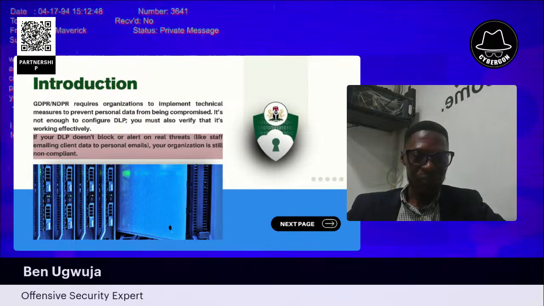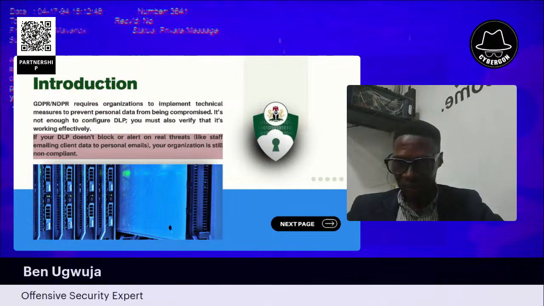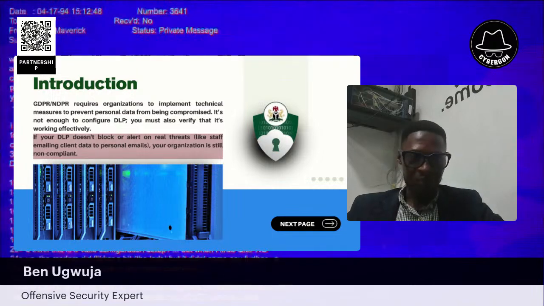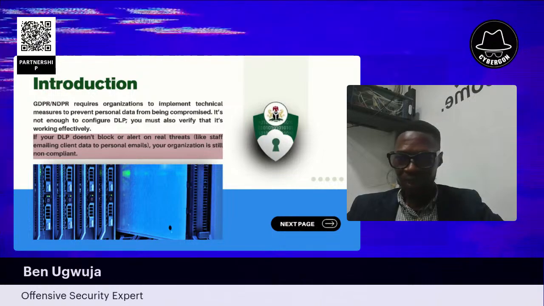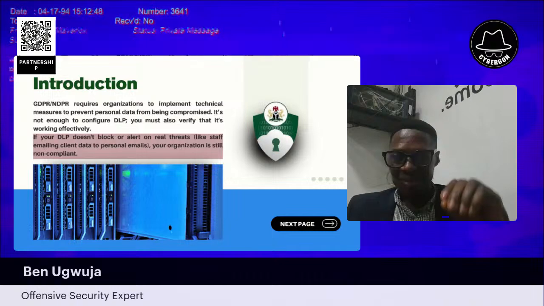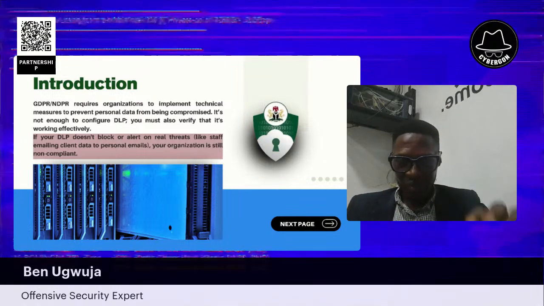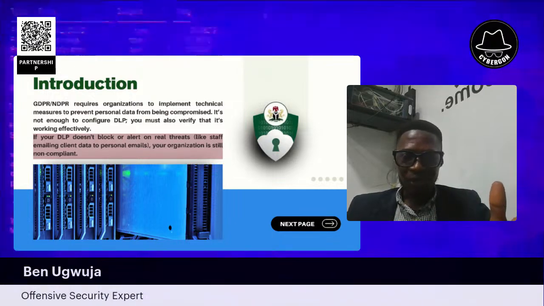So what does DLP do? If you look at what we have here, the GDPR requires organizations to implement technical measures to prevent personal data from being compromised. Now, this is not enough.